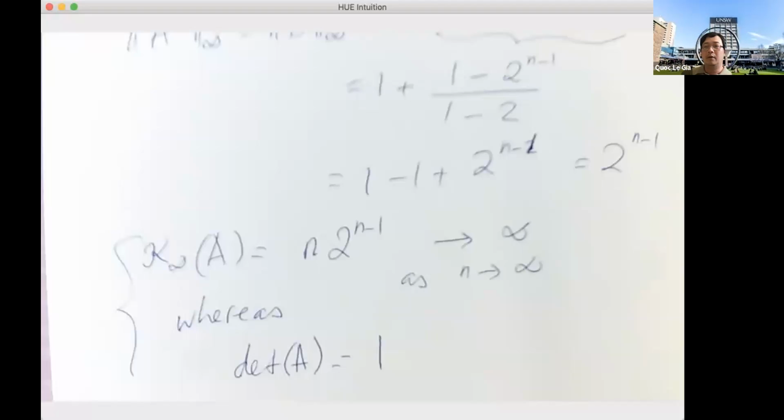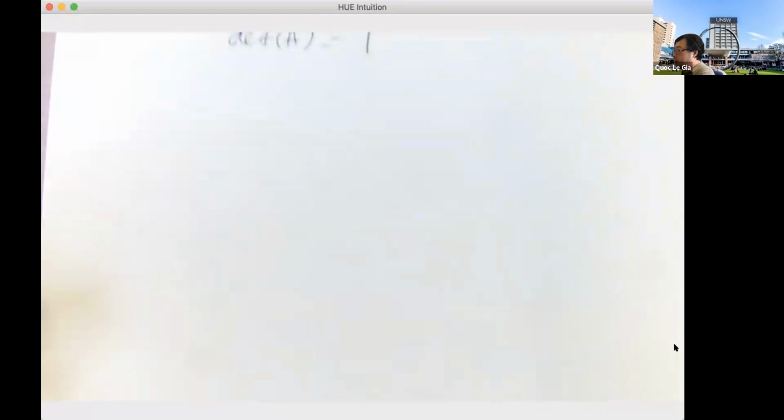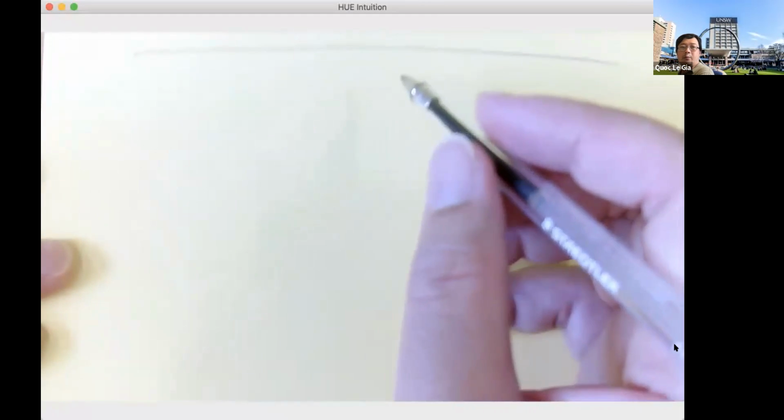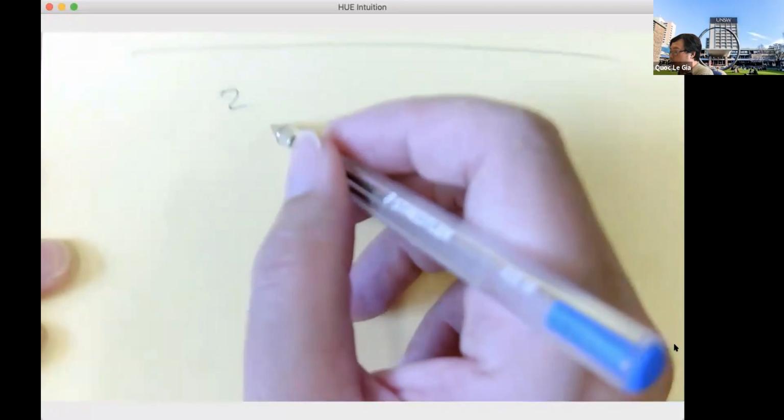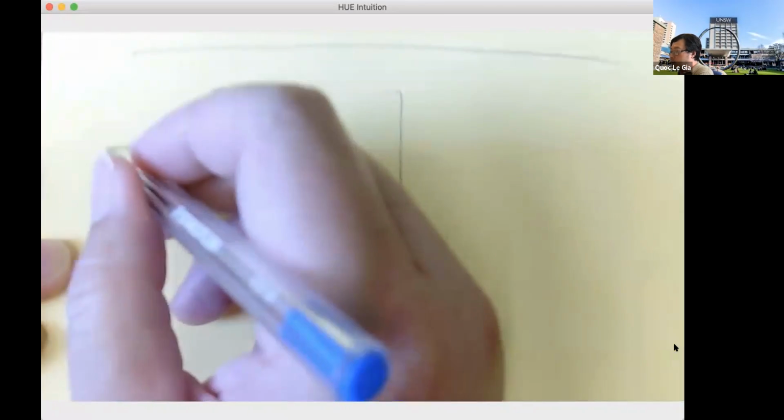Let me share the piece of paper. If you multiply the identity with, say, the number 2, simple, right? So this one is 2I.